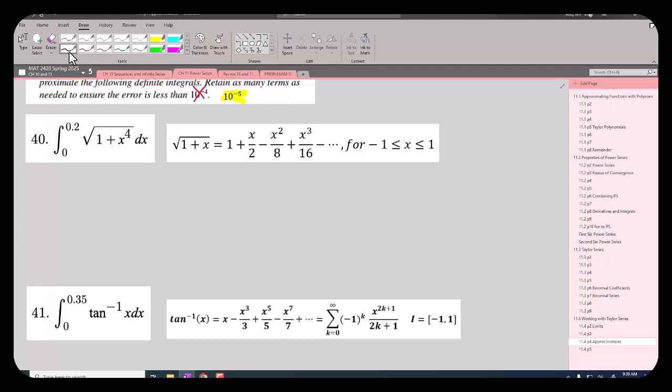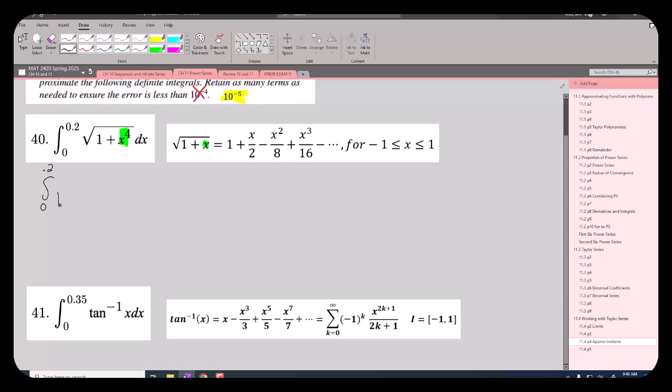So we're going to replace the function on the inside with its power series. So this is the binomial series, the BS, as opposed to the GS for geometric series. So the binomial series is right there. Now we have an x in here, but we have an x to the 4th there, so we're going to replace that x with x to the 4th. So we're going to come over here to the power series for 1 plus x to the half and replace all the x's with x to the 4th.